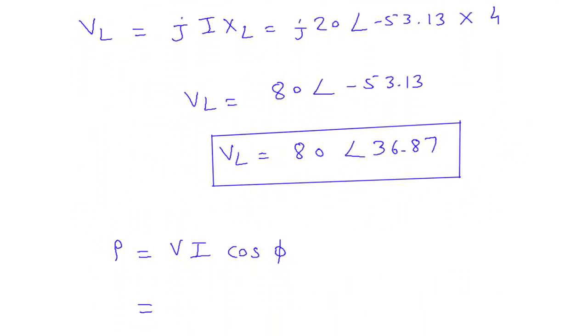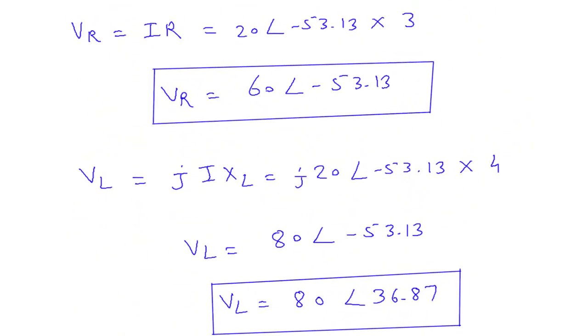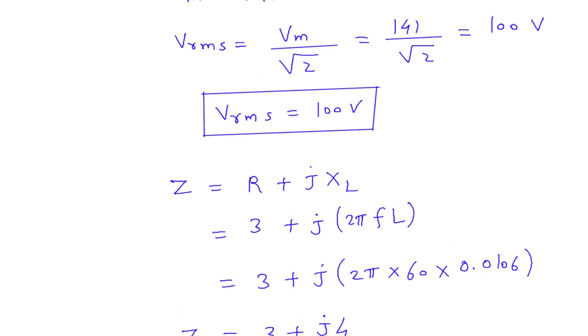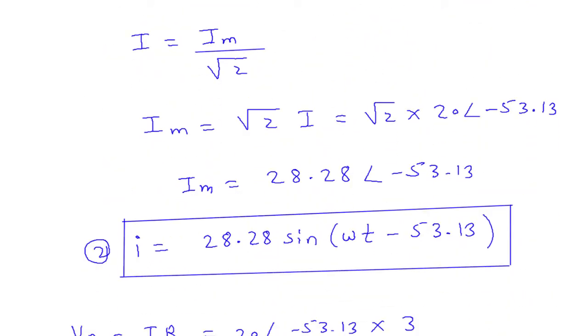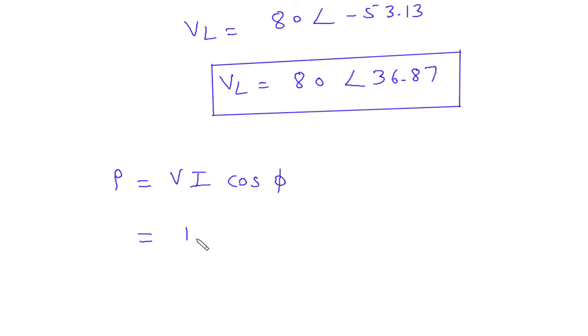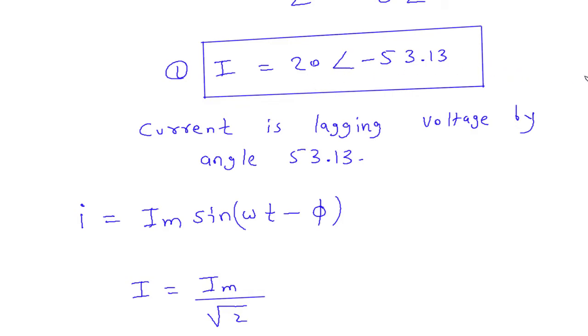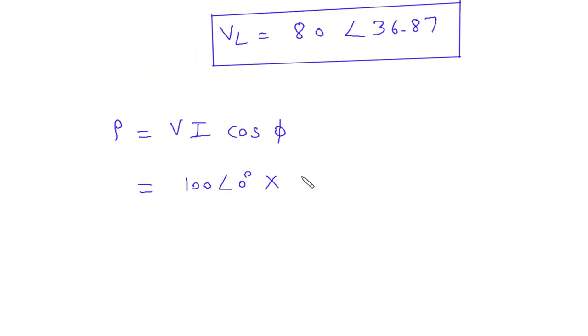The voltage is 100 at an angle of 0 degree, and current is 20 at an angle of minus 53.13. Directly we can take without angle because we are taking the RMS values.